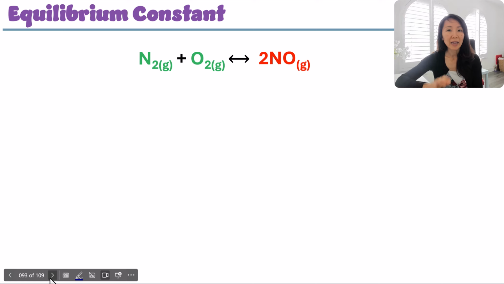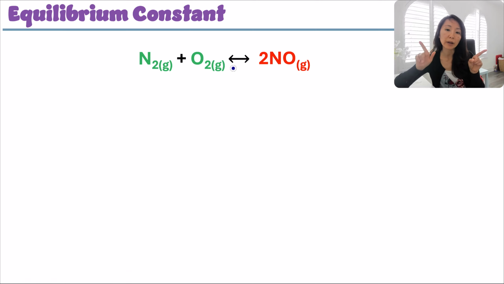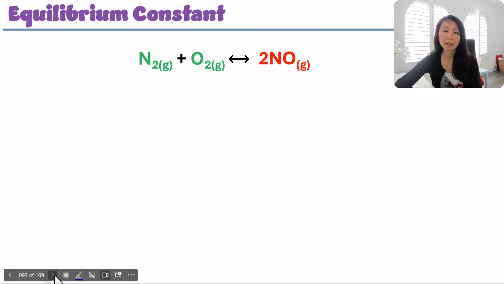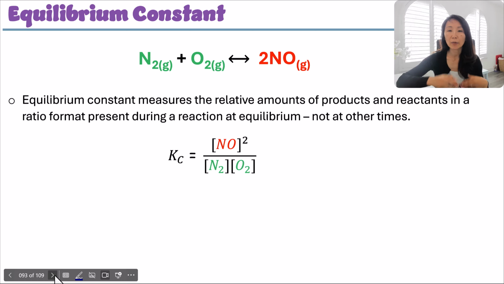So we can take this chemical equilibrium equation, N2 plus O2, and you see the double arrow indicating that there is an equilibrium going on, forming 2 nitrogen monoxide. Well, we can come up with what is called the equilibrium constant.